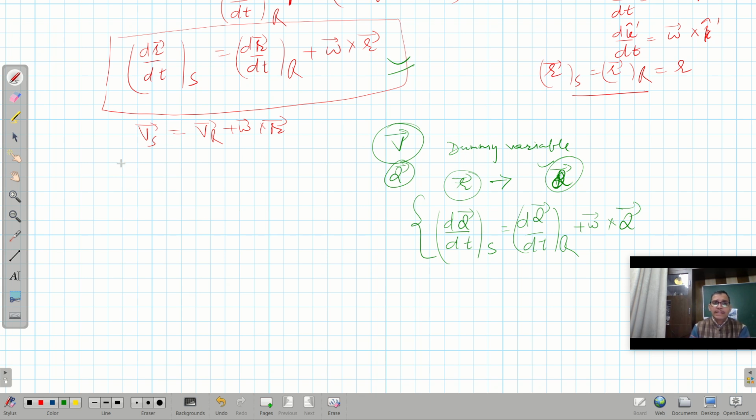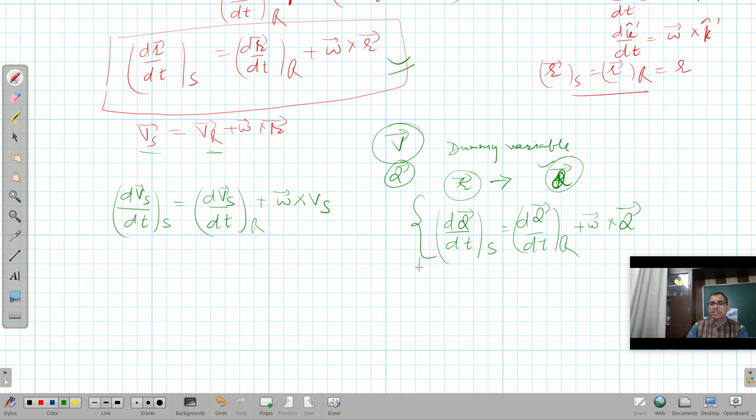According to this, I can write dvs over dt in S frame is equal to dvs over dt in R frame plus omega cross vs.